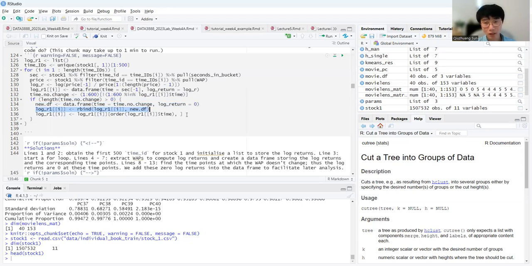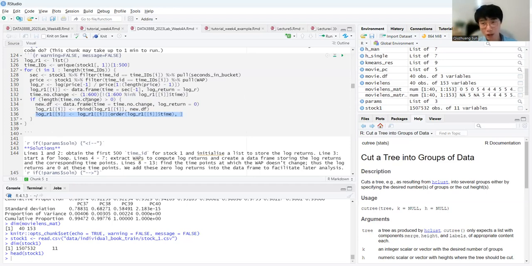And then for ease of analysis, I order again according to the time, such that the time column just starts from 0, 1, 2, 3, 4, 5, all the way to, I think, 599, the last second in this 10-minute time bucket. Okay, so you can see this is essentially what these lines do.